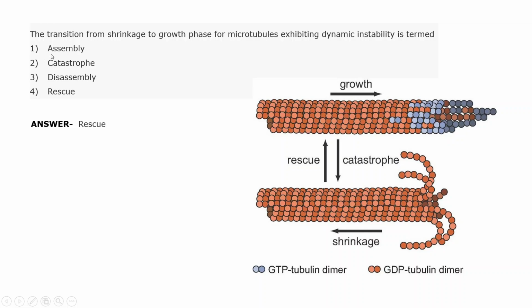So the transition from shrinkage to growth of the microtubule is a rescue phase, not a catastrophe phase. Catastrophe is the totally opposite: if it transitions from a growth phase to a shrinkage phase, it becomes a catastrophe. If it transitions from a shrinkage phase to a growth phase, it's called a rescue phase, where the polymerization of the microtubule reinitiates again.